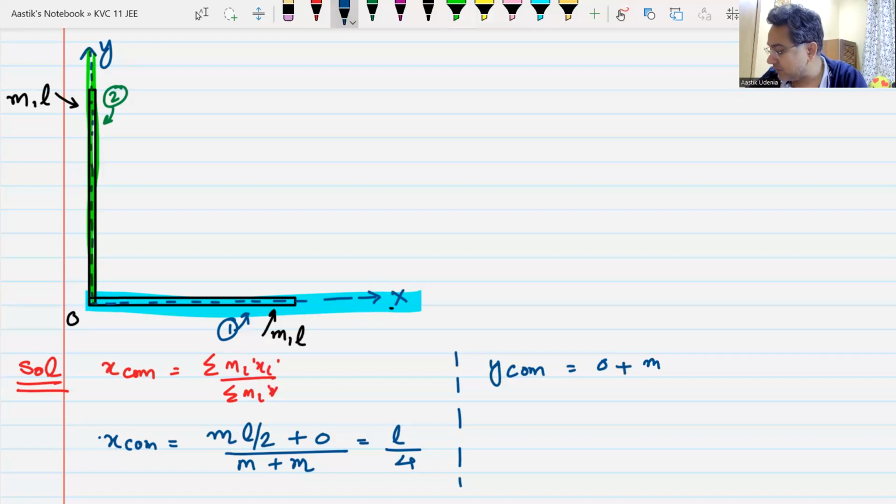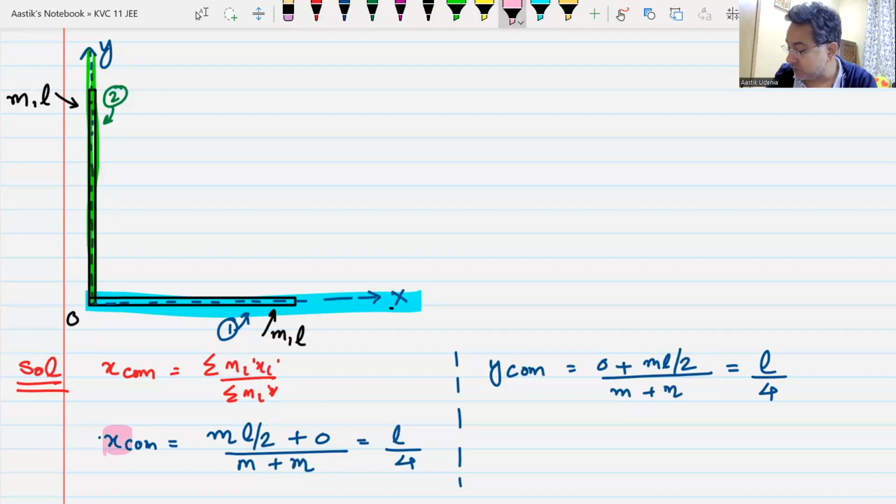Mass is m. M into L by 2 divided by total mass of the system, m plus m. So the final answer that we are going to get is L by 4.